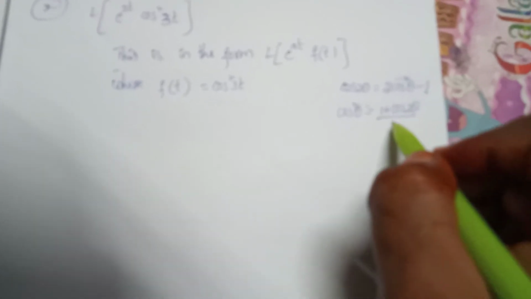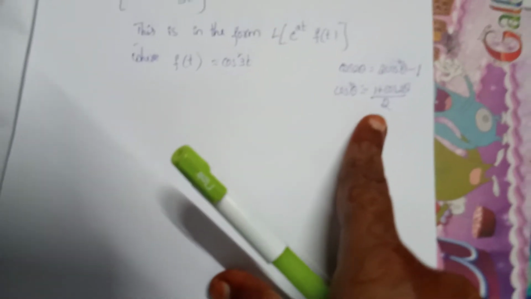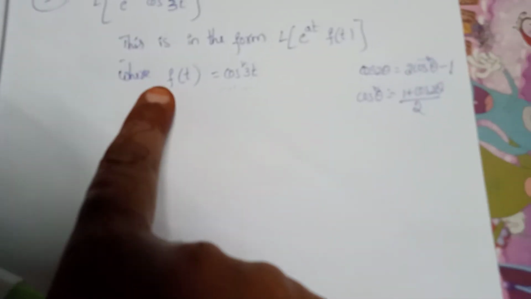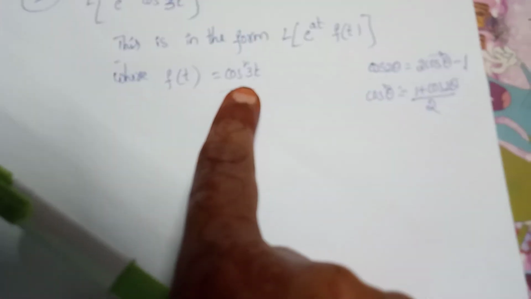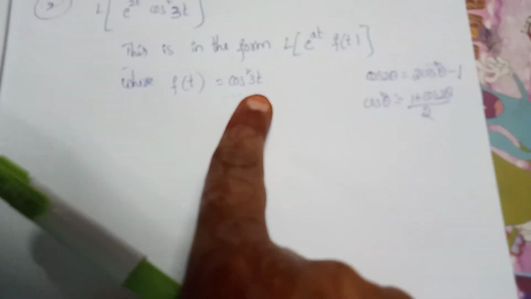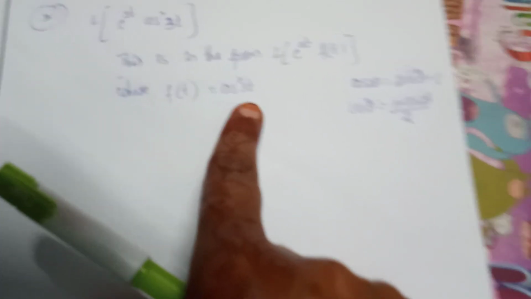So here f of t is the function cos square 3t. We know the values only for sin at and cos at, not the powers, so the powers can be changed using the formula.